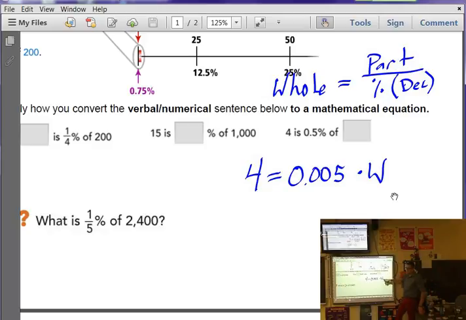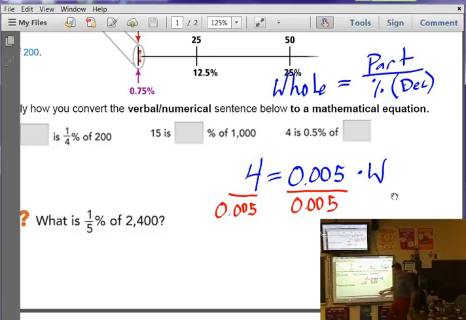So what we're trying to do is solve for this unknown value, and it is currently being multiplied. So I don't want it to be multiplied. So to not have it be multiplied, we divide, which becomes 1. And the rule with equations is I can do anything I want as long as I do it to both sides. So I have to also divide this side by that same amount, and when we do this division, we get 800.